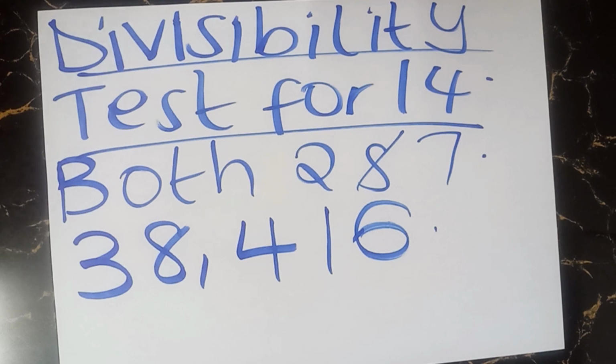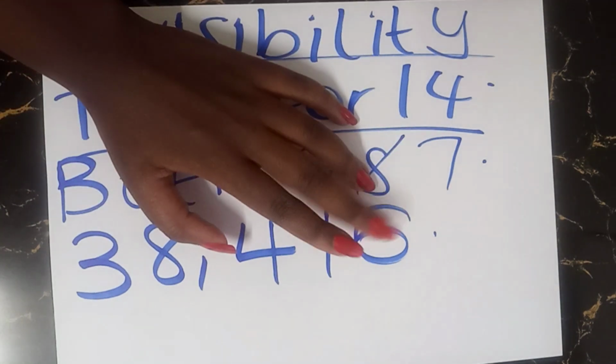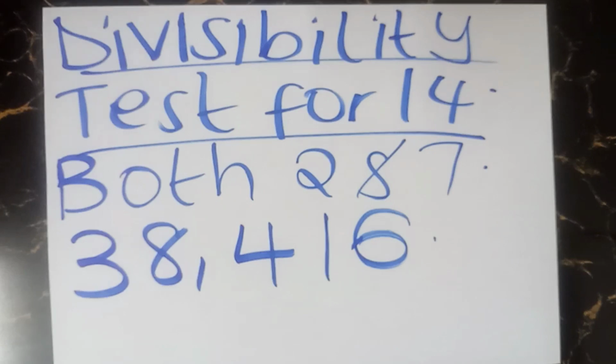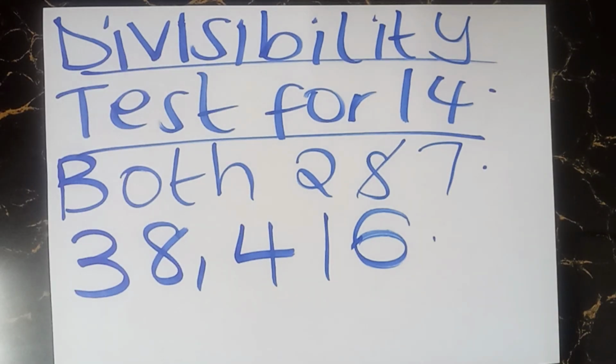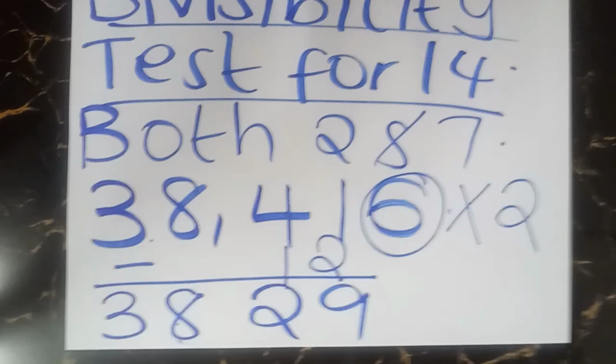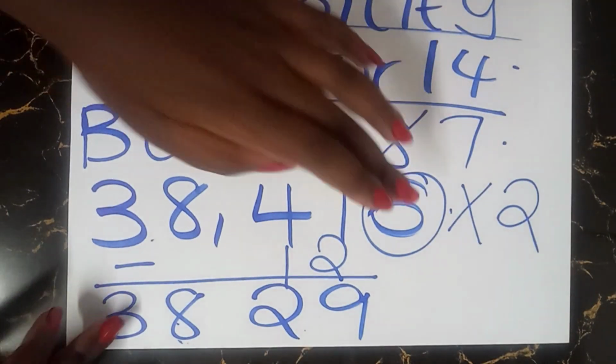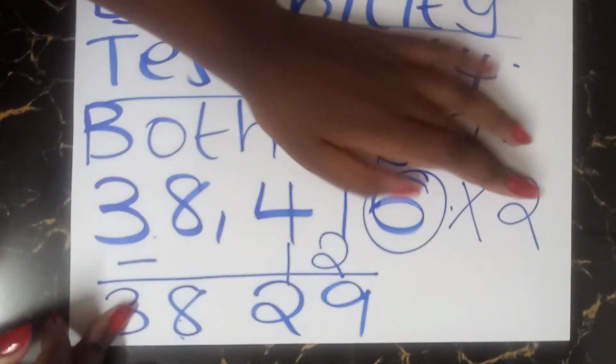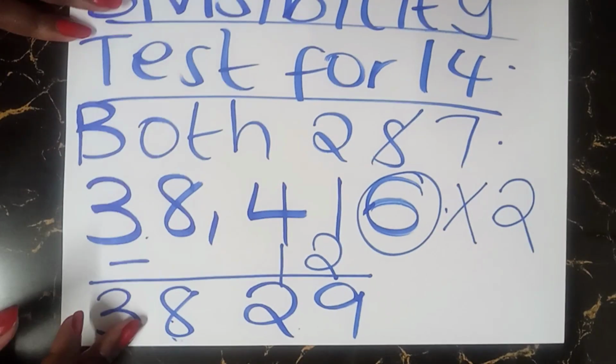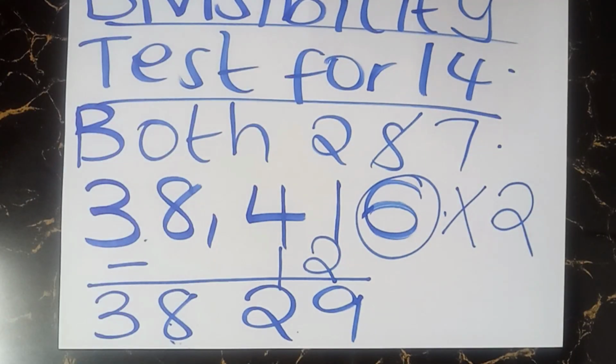We said that a number is divisible by 7 if, when we multiply the digit in the ones place by 2 and then subtract it from the number that hasn't been touched, we get a multiple of 7, okay? So here we'll multiply the last digit, which is 6, by 2, and subtract from the remaining digits, okay?